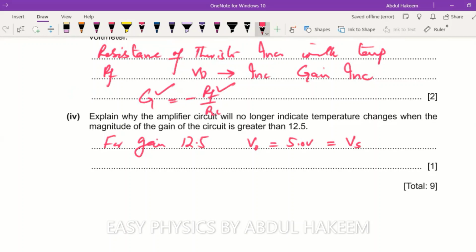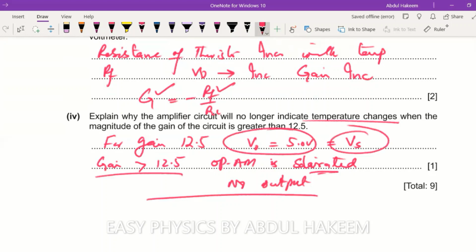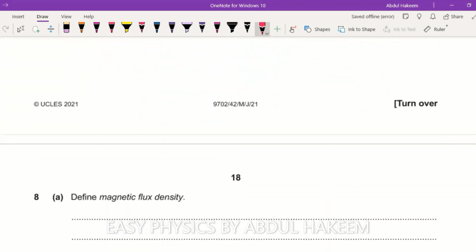So beyond this gain, if the gain is greater than 12.5, then the op-amp is saturated. After the saturation, there will be no output, so it indicates no change of temperature. So when output becomes equal to the supply voltage, it becomes saturated, and after this gain, no output change from the op-amp.